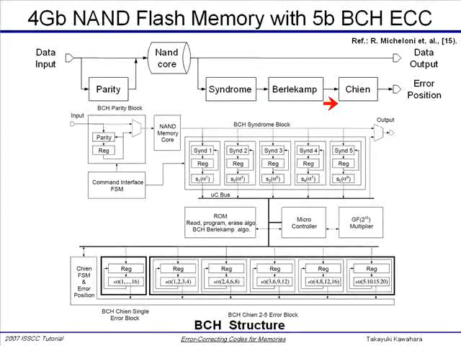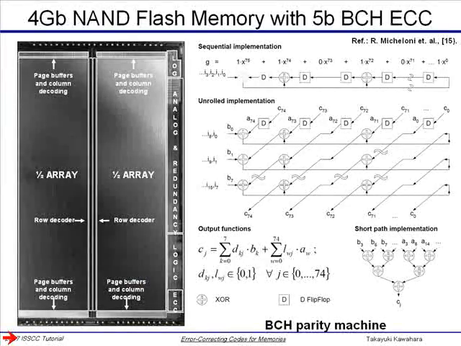The highlight of this work is, as I explained, that ECC has overhead and also execution time. So they introduced a parallel execution to calculate the Berlekamp algorithm. They also introduced a smart way for the cyclic code calculation.